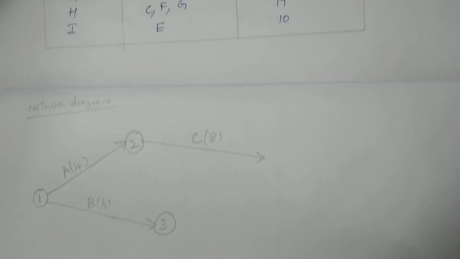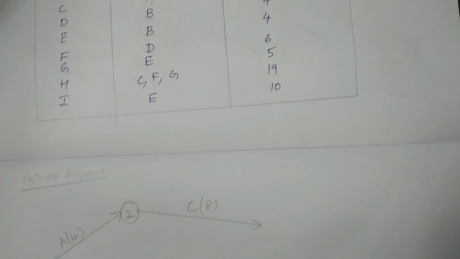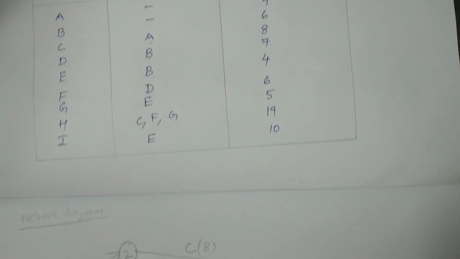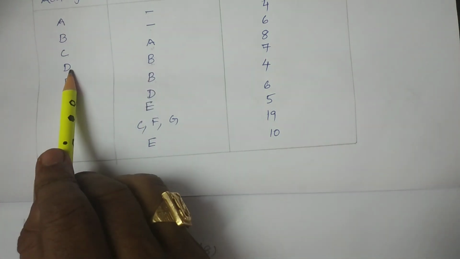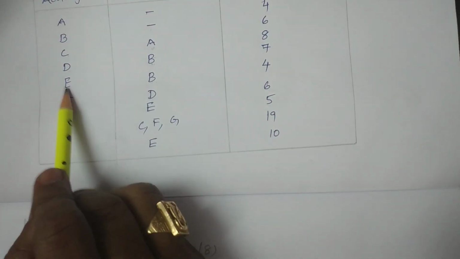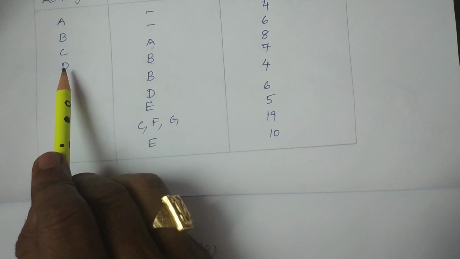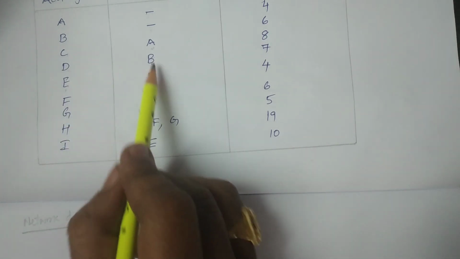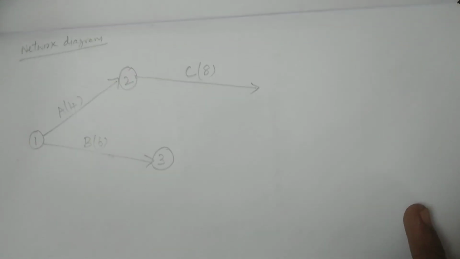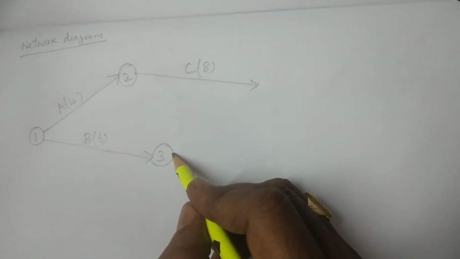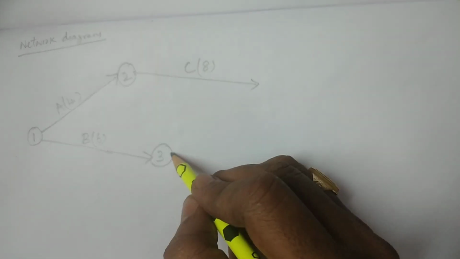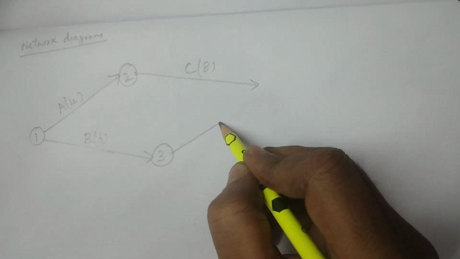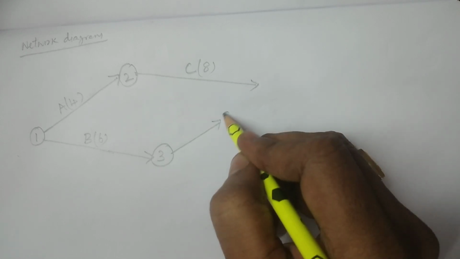And thereafter you see the relations. After B we have two activities: D is also there, E is also there. That is, for D and E activities, the predecessor activity is B. Now we have to construct in the fashion that after B we have D and E. I am considering this activity as D. The duration for D is 7.